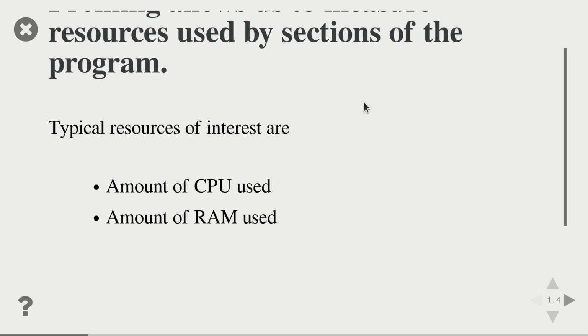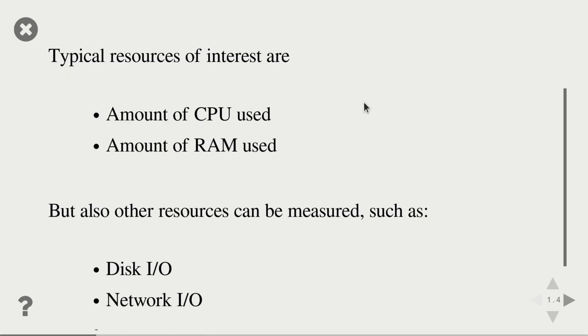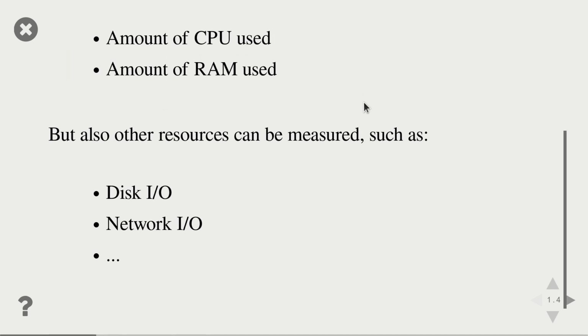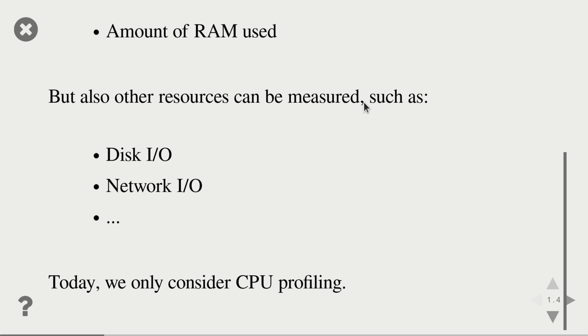It could also be how much memory is used in that piece of code, how much disk input-output is used, or how much network resources are used. But for today, we focus only on time, so how much CPU time is being used.